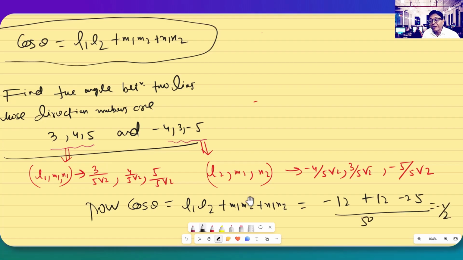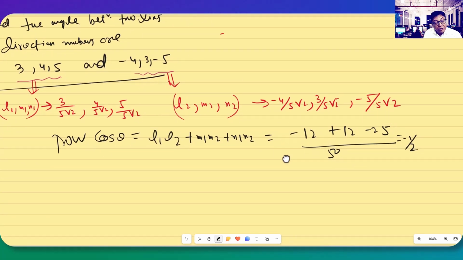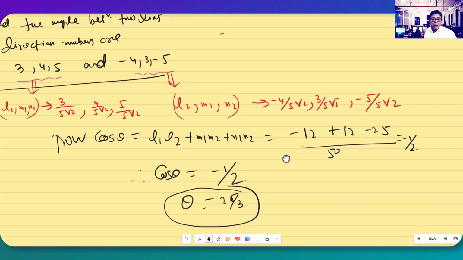This is minus half. You got cos theta minus half. So theta will be what? So theta equal to 2 pi by 3. The angle between the two lines is going to be 2 pi by 3. Clear?